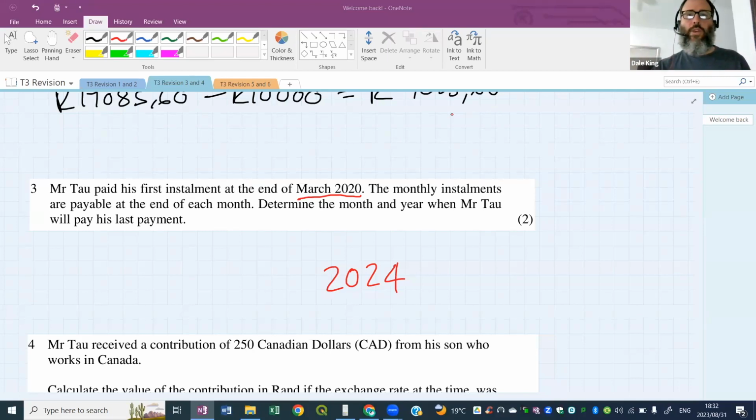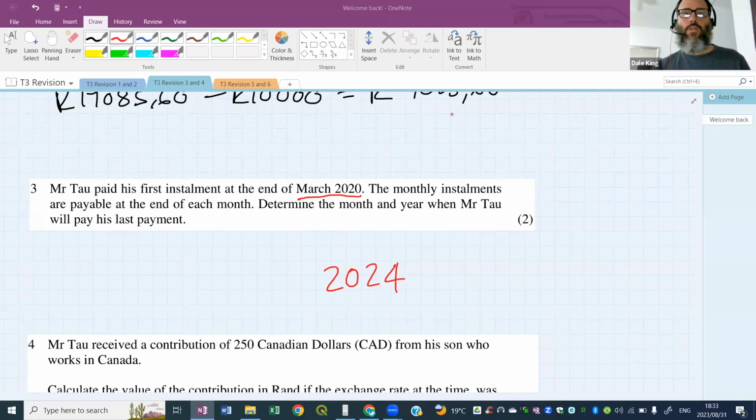At the end of February, he hasn't made a payment yet. So the first month's paid at the end of March. If you do 1 year, at the end of March 2021, he's made 12 payments, which is 1 year.